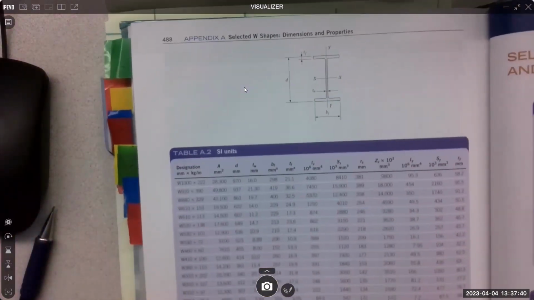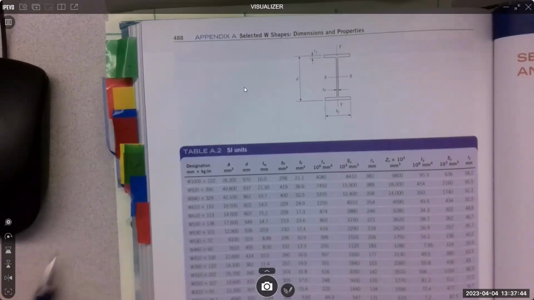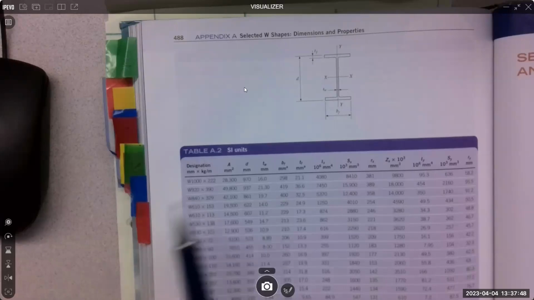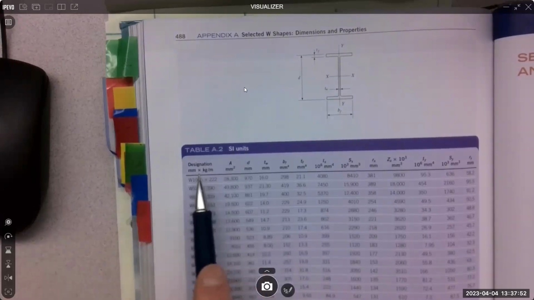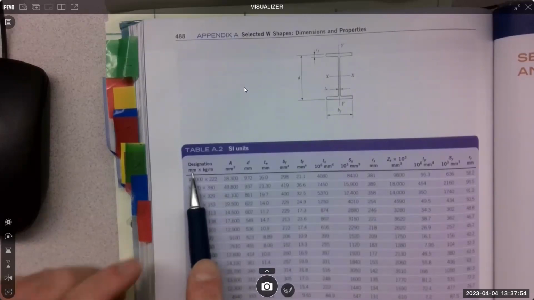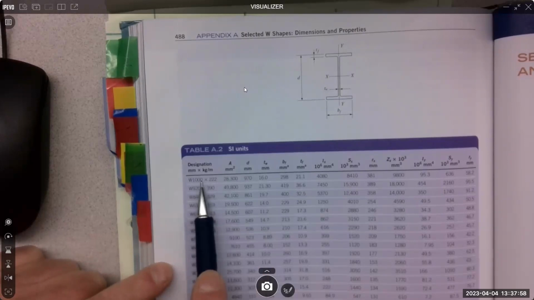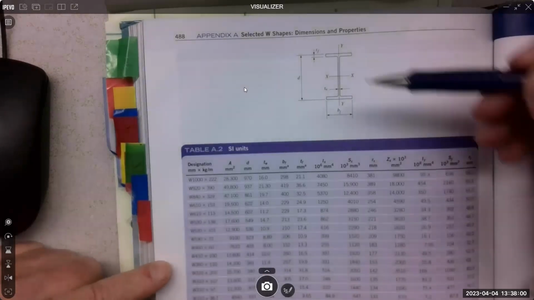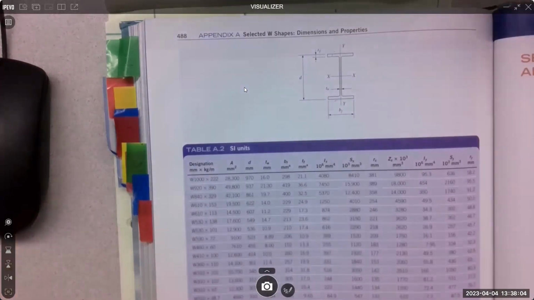So here is our table in the back, right? W shapes, metric, SI, Systems International. And it's in millimeters. So notice that the call out W1000, that 1000 stands for this distance, the total height of the W shape. It's not exact, it's nominal.